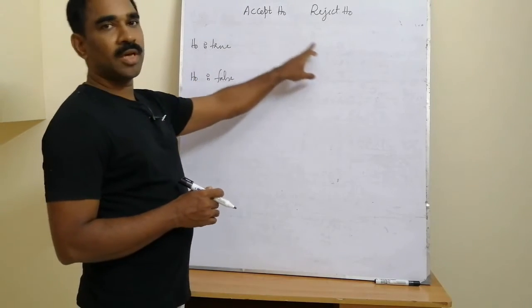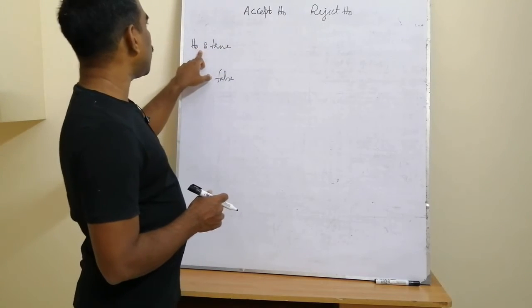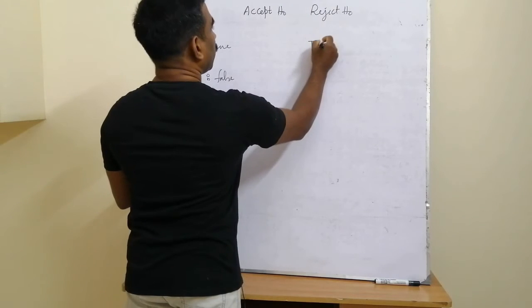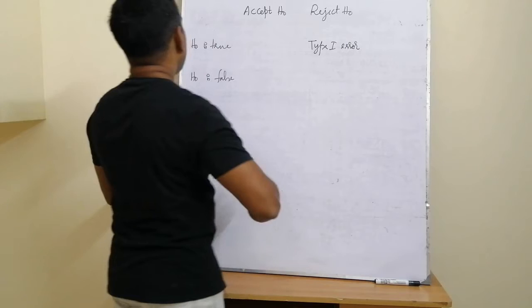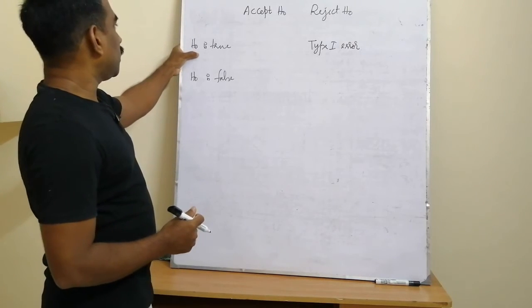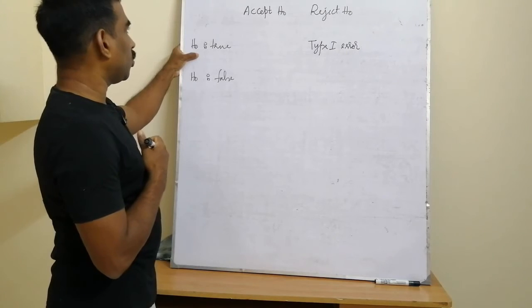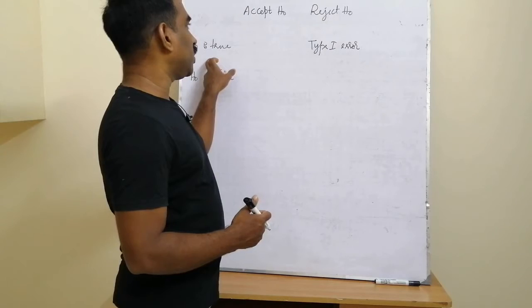In statistical inference, we arrive at a conclusion based on our sample observations, so two types of errors are possible. One is rejecting H0 when H0 is actually true. That error is called type 1 error. The population parameter value is true, the null hypothesis is true, but based on a wrong sample selected, we are rejecting that hypothesis.